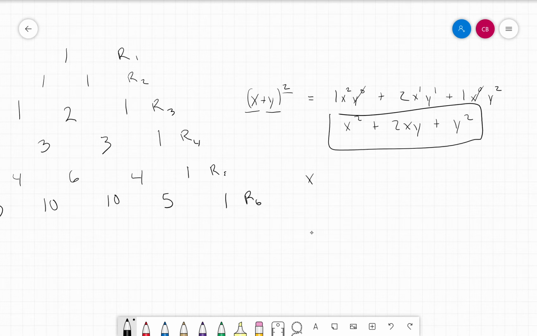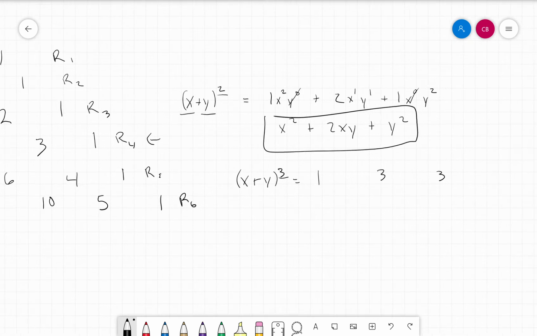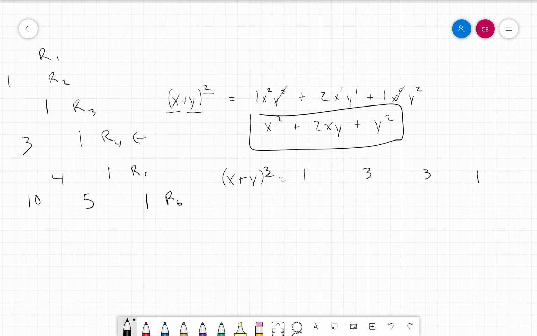Let's do x plus y to the third this time. Okay, so we're using the fourth row because we have the third power, so we're using this row. We have 1, 3, 3, 1. We're going to start with x to the third, x squared, x to the 1, x to the 0.